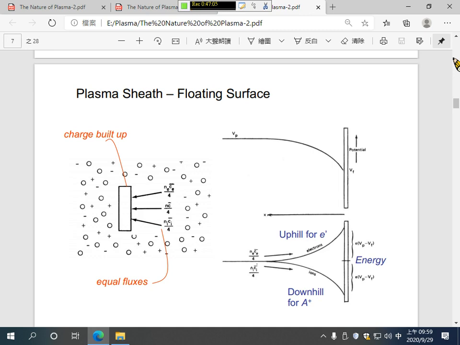So in Chapman's book, c sub e means the velocity of electron, and here is the velocity of ion. So after the system reaches a steady state, the flux of electrons and flux of ions are equal. Okay.